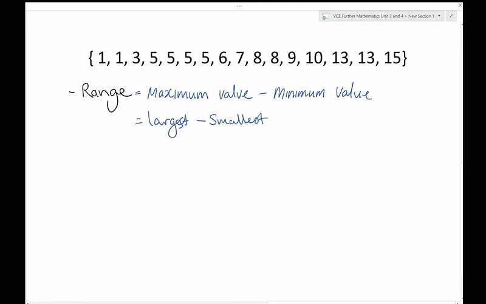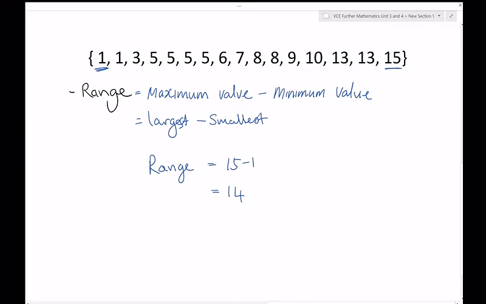So the largest value here will be 15, and the smallest value here will be 1. So the range for this data set equals 15 minus 1, which equals 14.